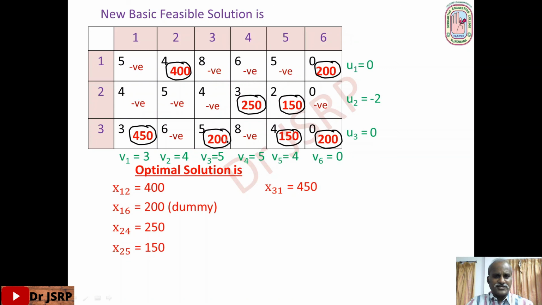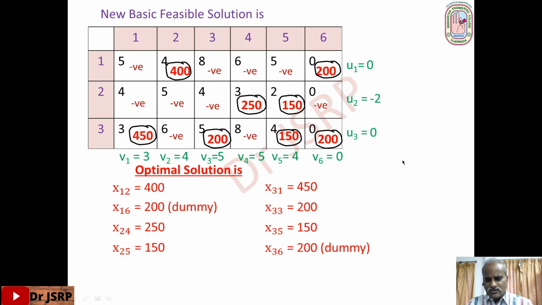Next, x33 equal 200. Next, x35 equal 150. Next, x36 equal 200. So these two are dummy cells, x16 and x36.